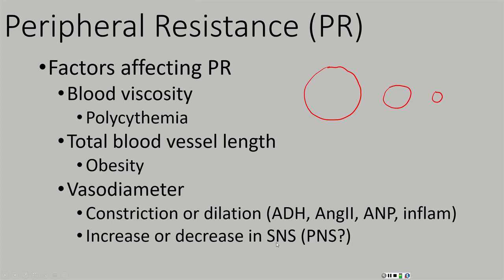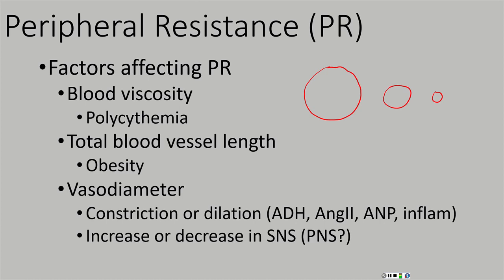Also, increase or decrease in SNS. What about PNS? Well, normally when SNS does one thing, PNS does the opposite. If SNS causes increased heart rate, PNS causes decreased heart rate. That's how it is most places in the body. But the parasympathetic nervous system does not have any control over vasodiameter. Only the SNS does.